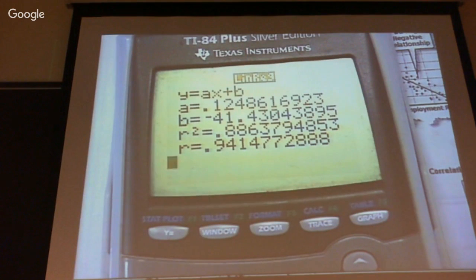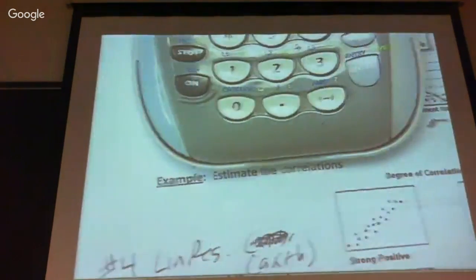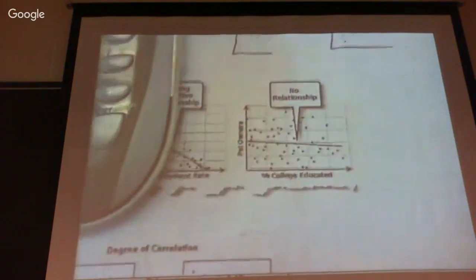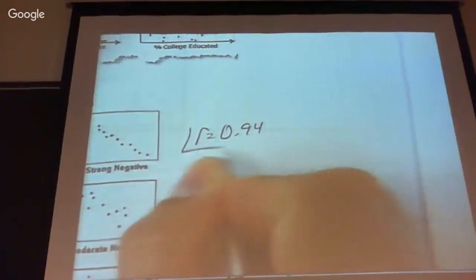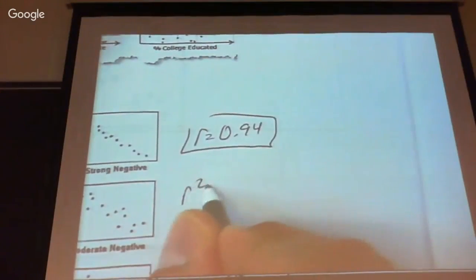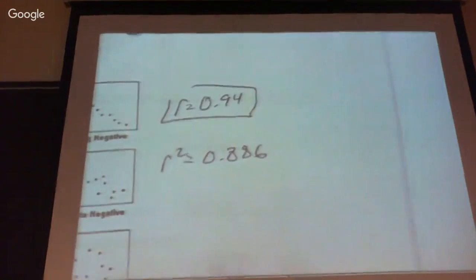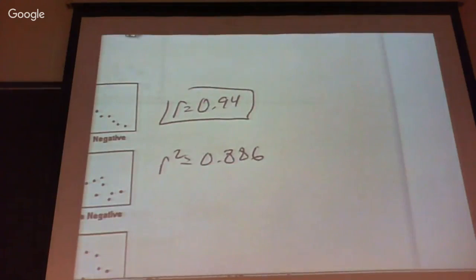If you're wondering what R squared is, we're just going to write these down so you have them. And again, we're going to do more examples. Just getting you all set up today. R was 0.94. And then R squared is 0.886. What the R squared tells you, that's your coefficient of determination.